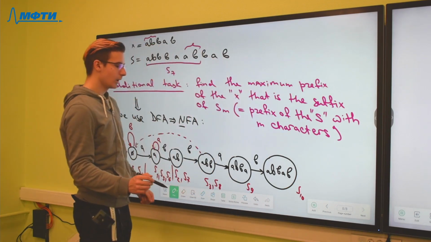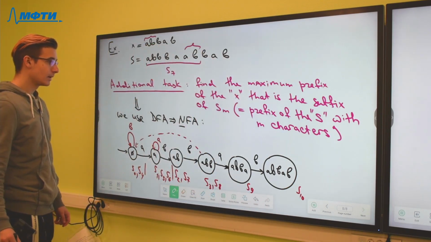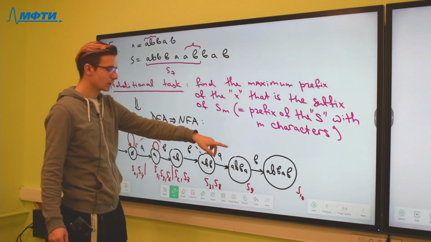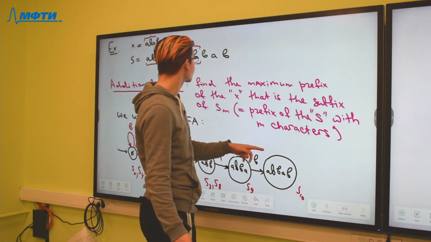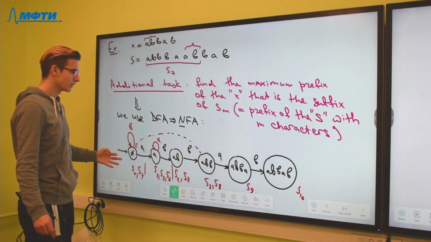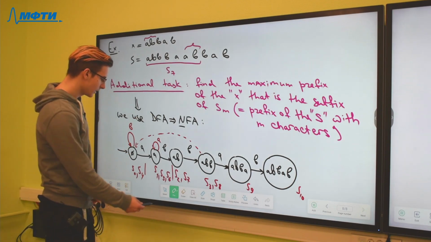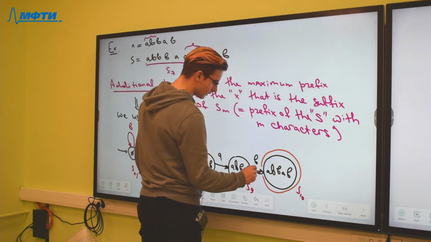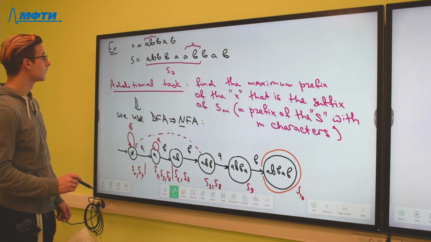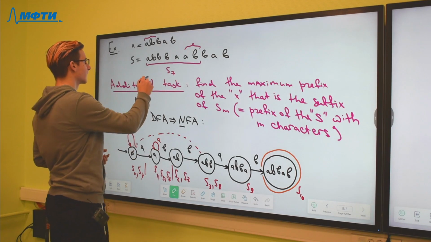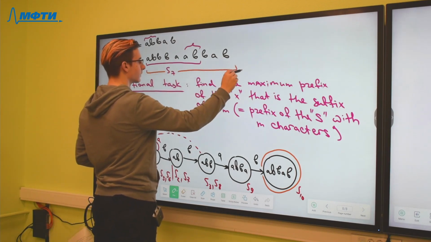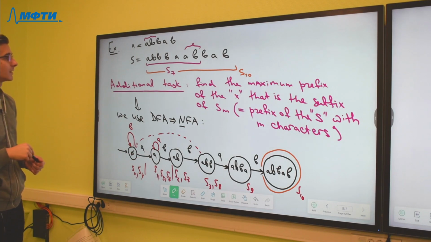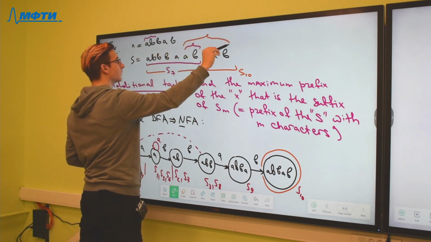And if, for example, some prefix is in the last vertex of this finite automaton, it means that the last characters of this prefix of S are equal to X.